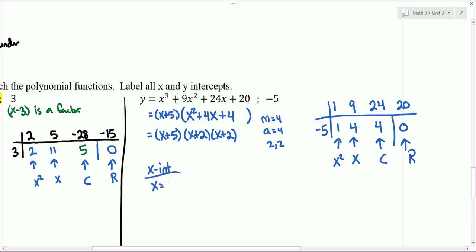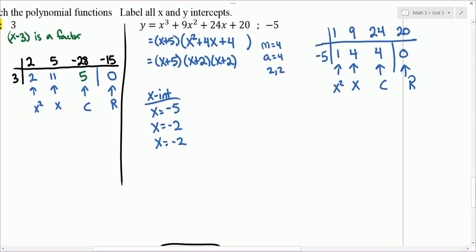They are x equals negative 5, x equals negative 2, x equals negative 2. Notice that we have double the negative 2, so we say the multiplicity is 2 here, which is telling us it's going to bounce at negative 2.